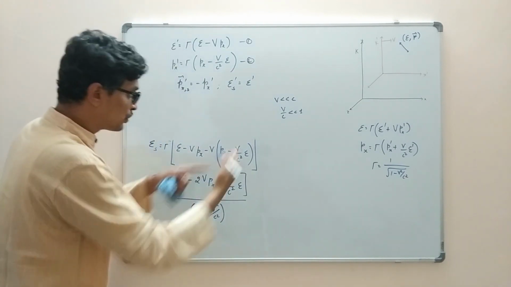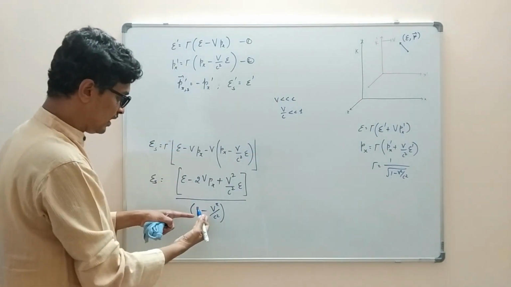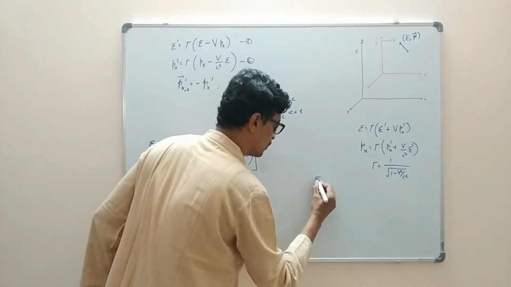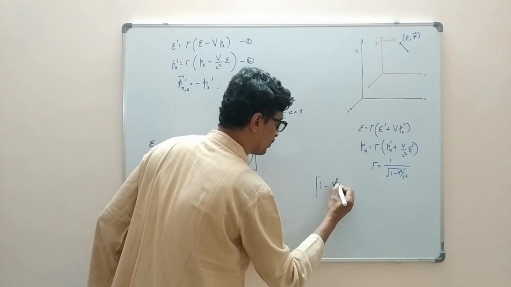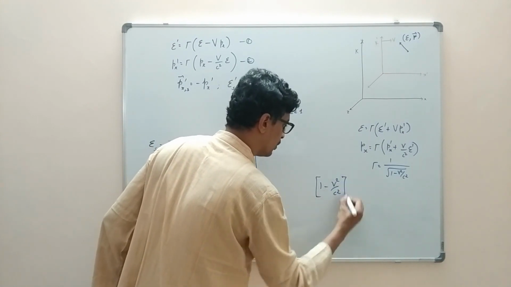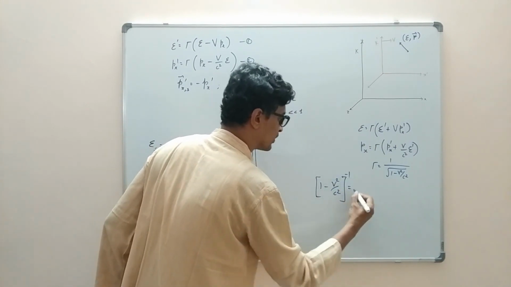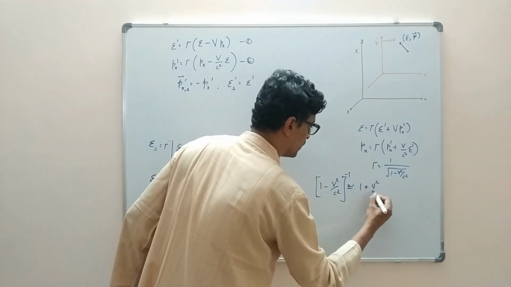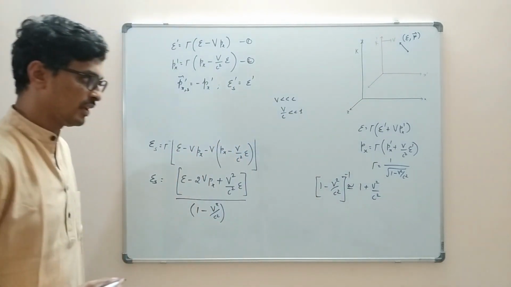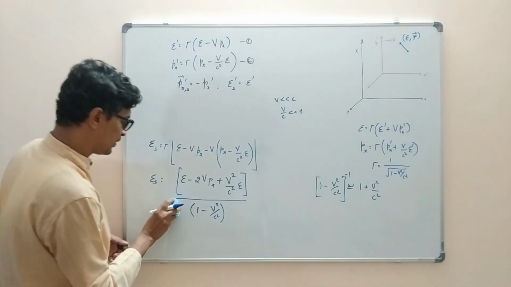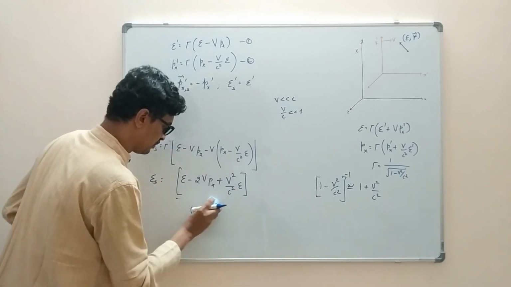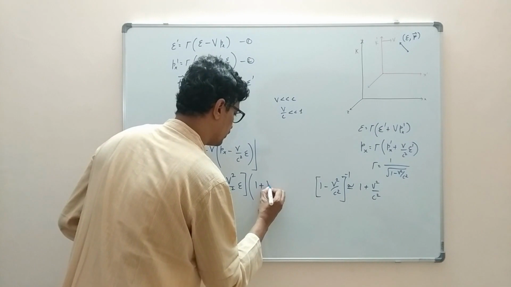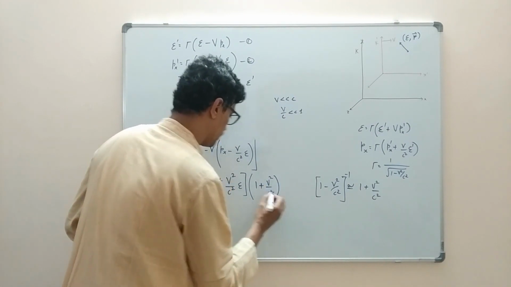So in that case, and since V is much smaller than C, I can always express this quantity, that is 1 minus V square by C square, whole to the power minus 1, as approximately 1 plus V square by C square. Correct? So this is going to become into 1 plus V square by C square.